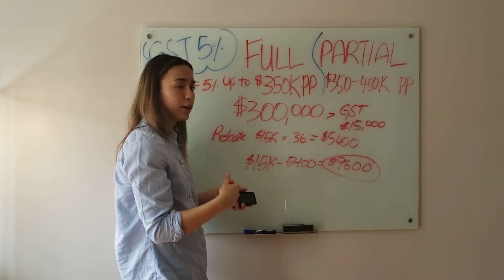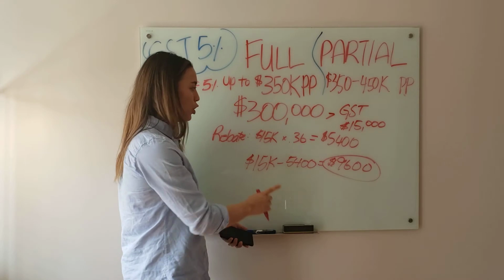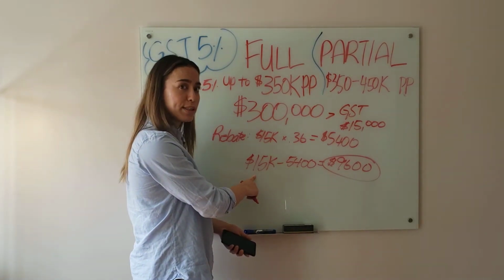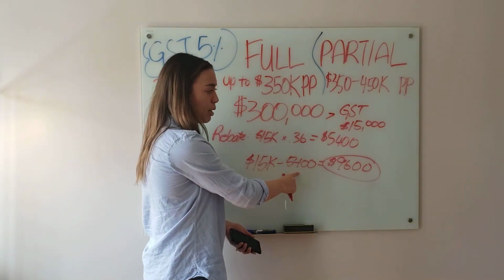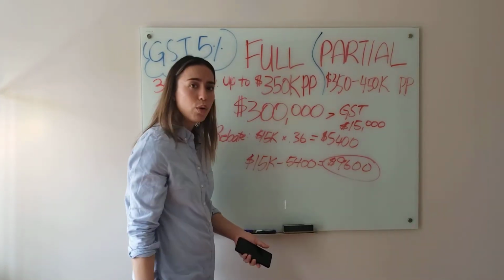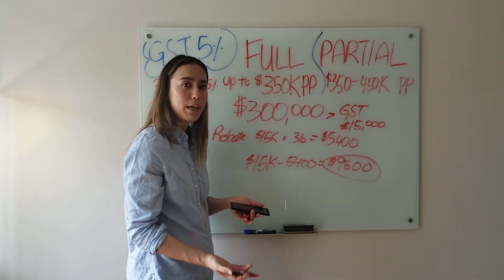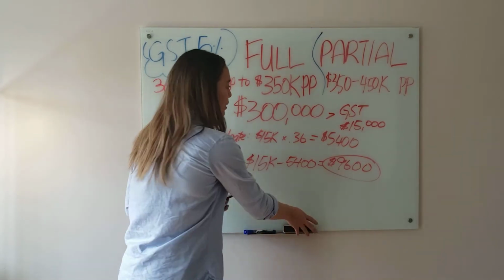And then to figure out your GST after the rebate, you take the $15,000 full GST, less the rebate of $5,400, which comes to $9,600. So there's example number one.